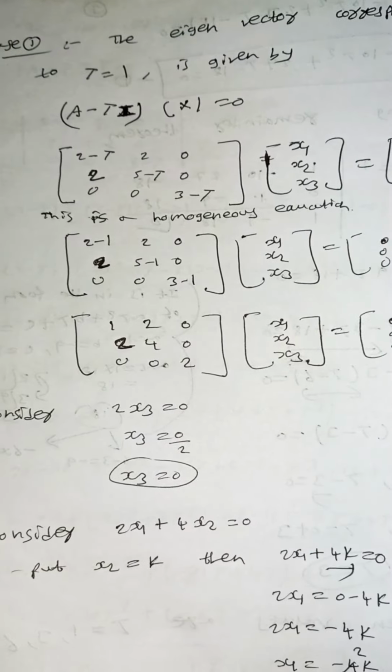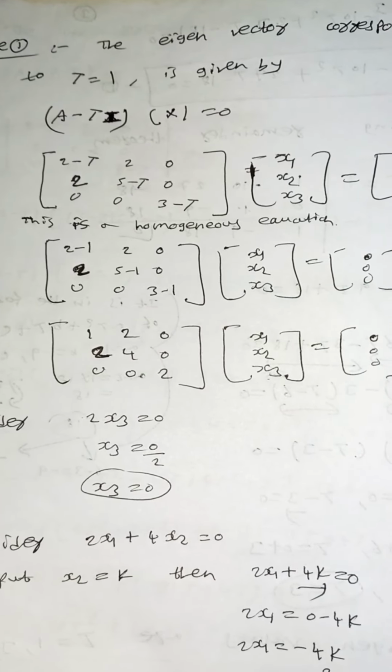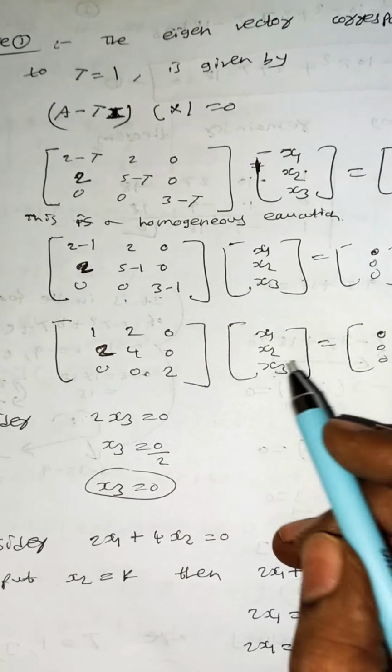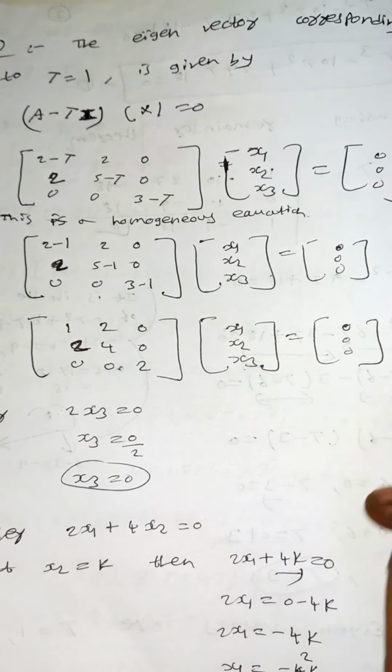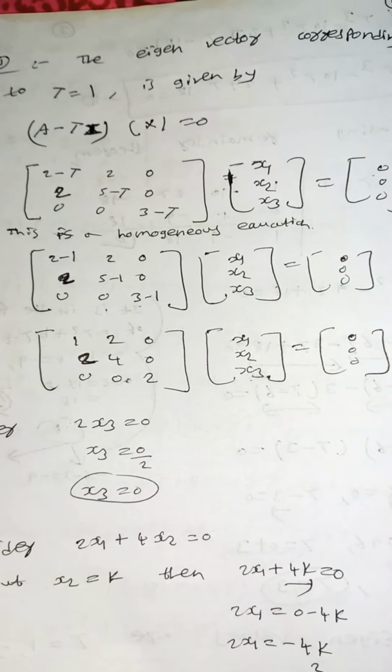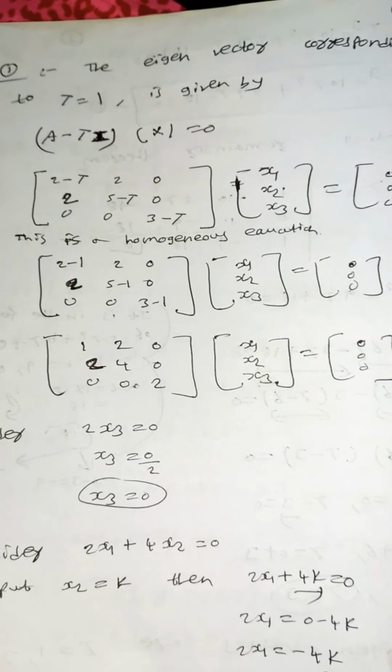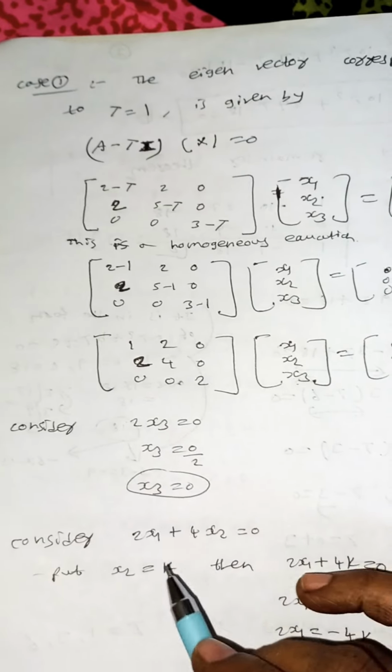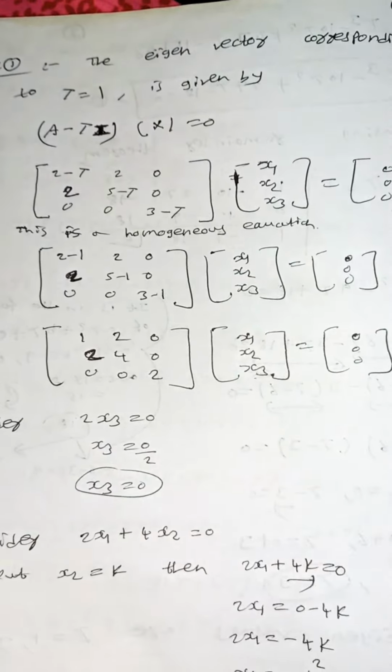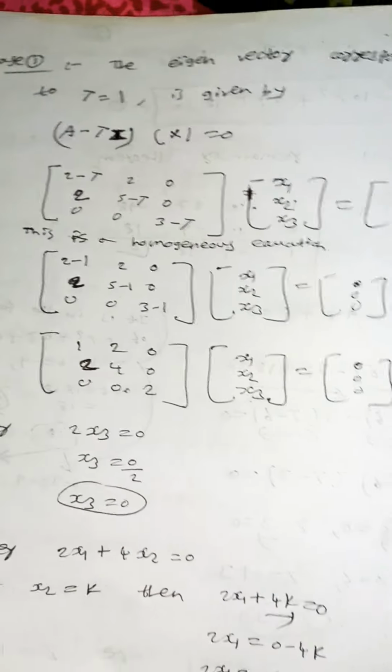So 0x1 means not valid. 0x2 also not valid. So here 2x3 is equal to 0. Send 2 to that side, multiplication will become division. 0 by 2 is 0. Now consider the second row.